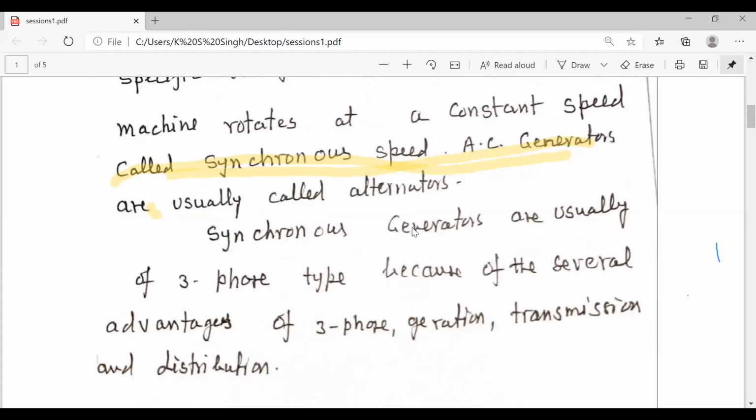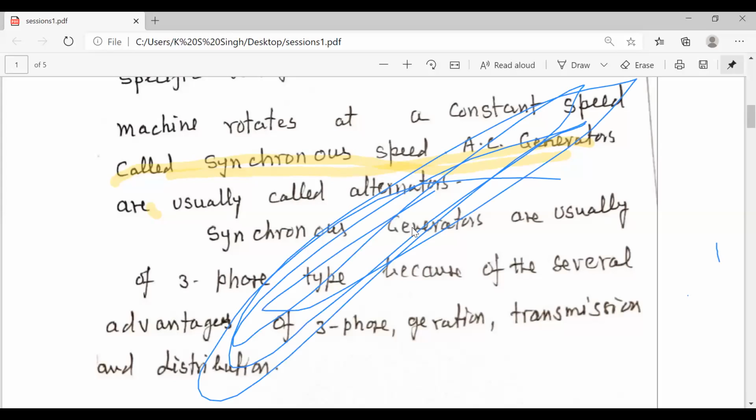In DC generators, you convert the AC induced EMF into DC with the help of a mechanical rectifier, and the output is DC, but in the case of an AC generator, the output is in the form of AC. Due to this reason, it is known as an alternator.